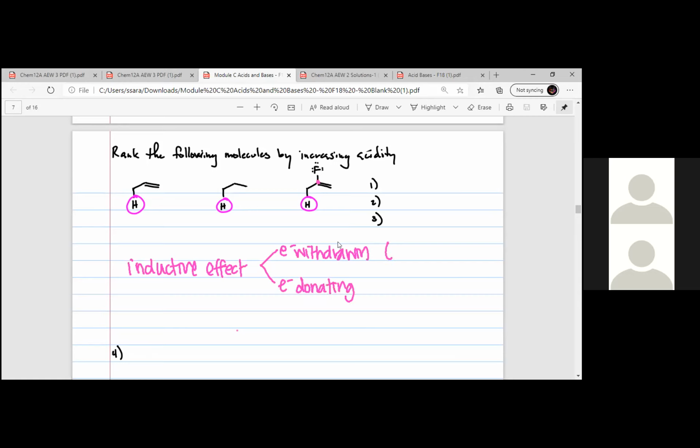If you have NO2, this is going to be more positive than this, which is more positive than this. And then like esters or alcohols, right? And then we have benzene, and then hydrogen and then methyl carbon. Oh, I can't write there.